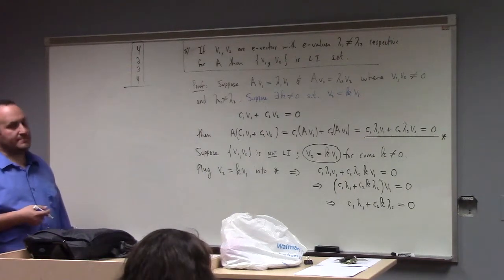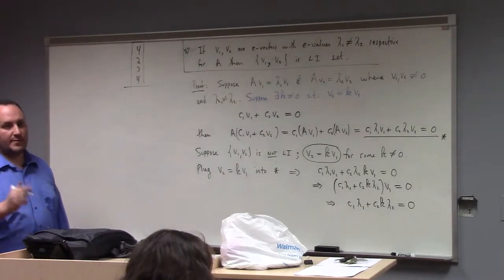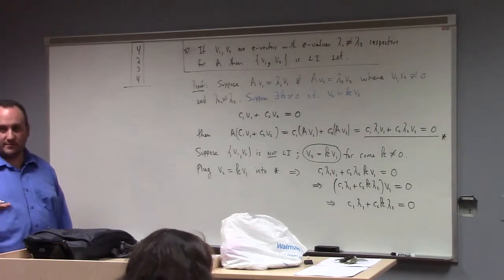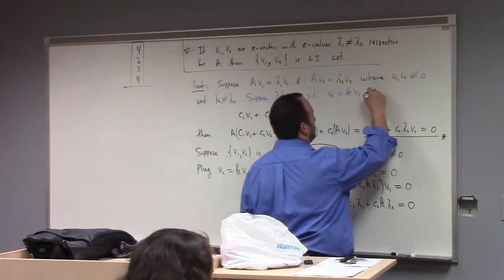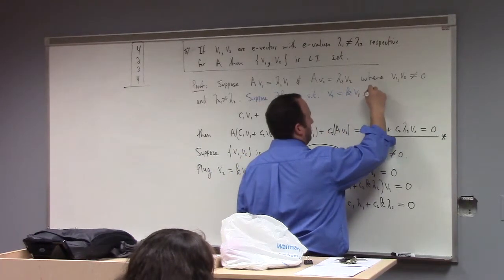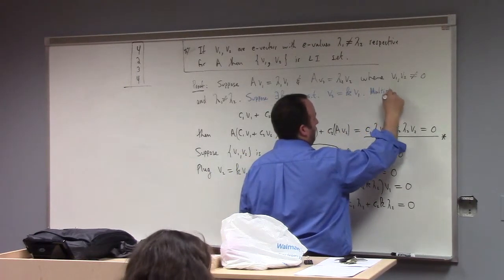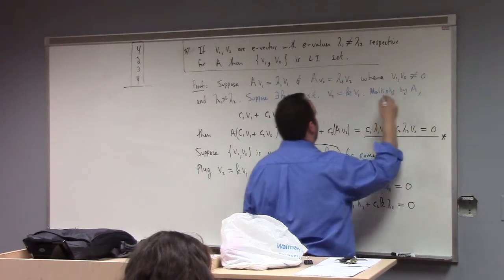What can I do to that? I multiply both sides by A, right? What does that give me?